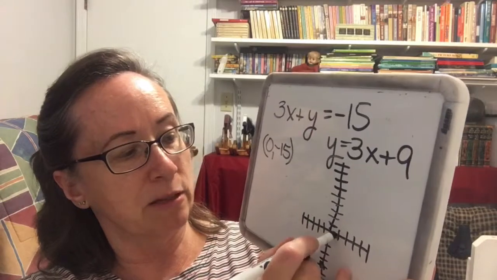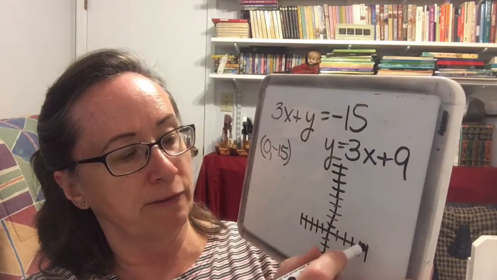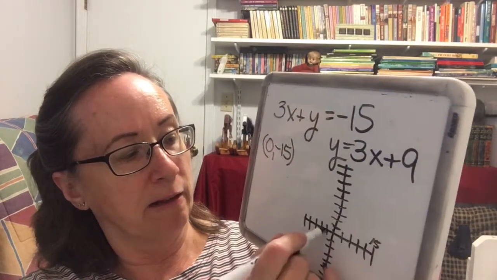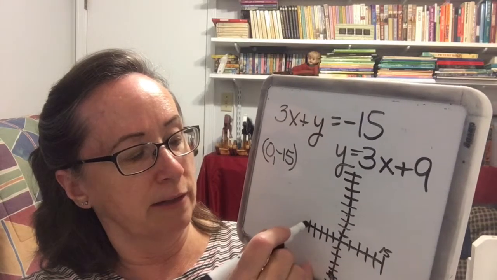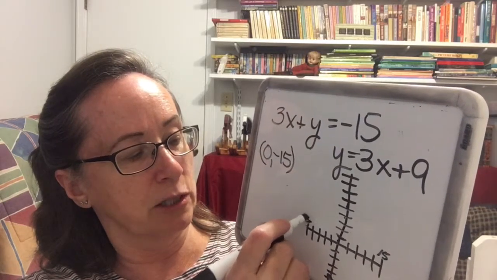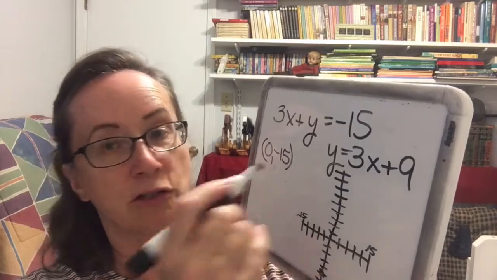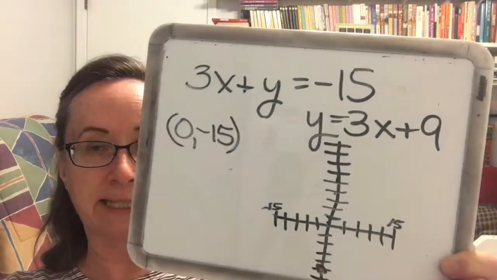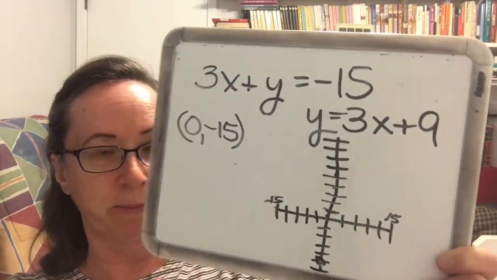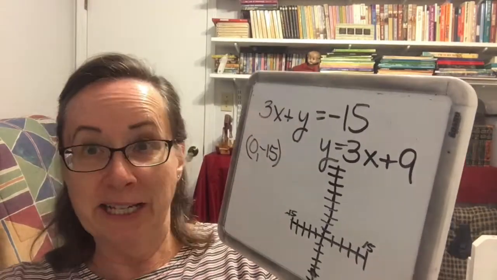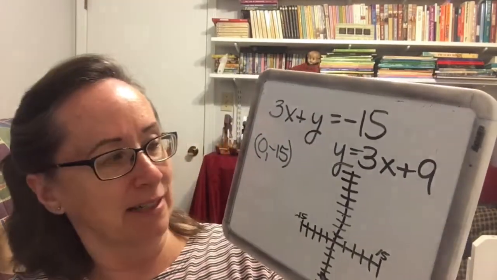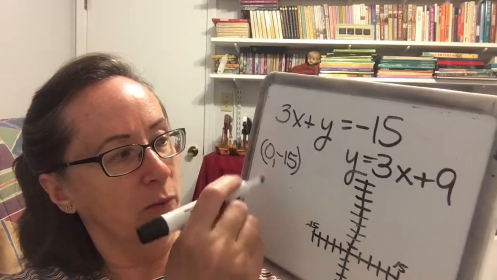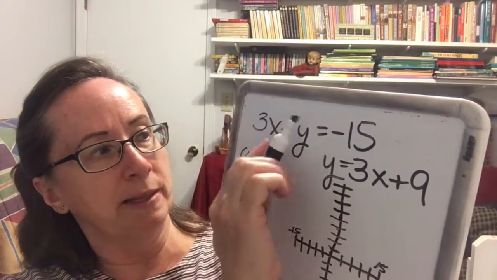So this is 3, 6, 9, 12, 15 and 3, 6, 9, 12, negative 15. So we're just going to adjust our graph so that we know that we're counting by threes. Anytime you adjust your graph, make sure you make a note of it so that your teacher knows you adjusted your graph.